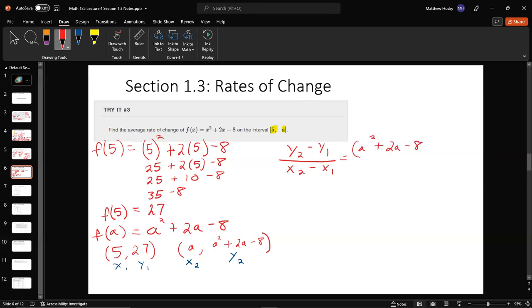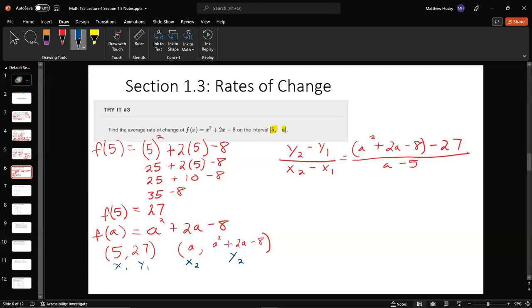All of that is y2. And then we are going to subtract y1, which will be 27. Underneath all that, you're going to have x2, which is a, minus x1, which is 5. So it's a minus 5.